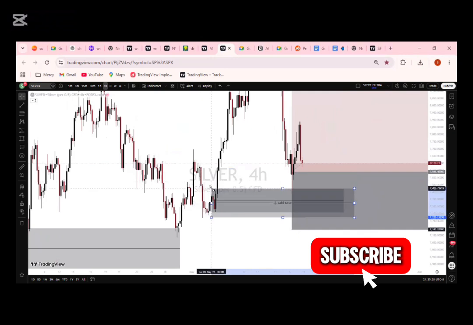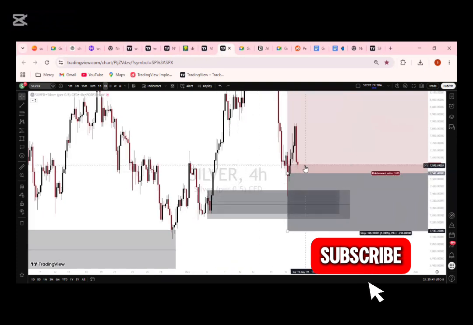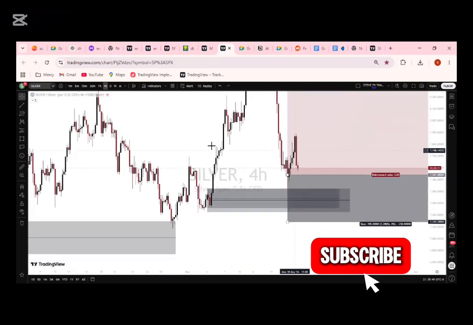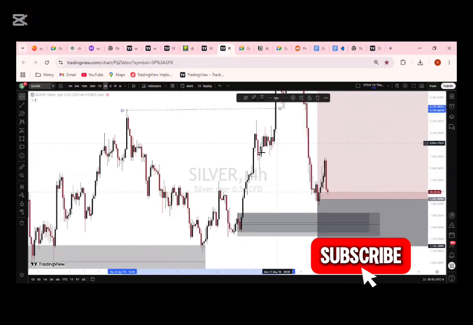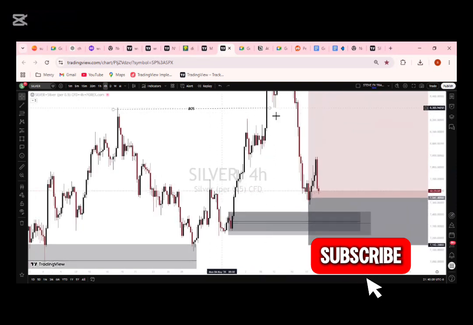Now, if we consider the conditions for a refined order block, we talked about aligning with market structure. We know that we had a break of structure from here, so we are looking for a valid bullish order block. We have a break of structure, making this valid because it is aligning with the direction of the market. We have imbalance from here.